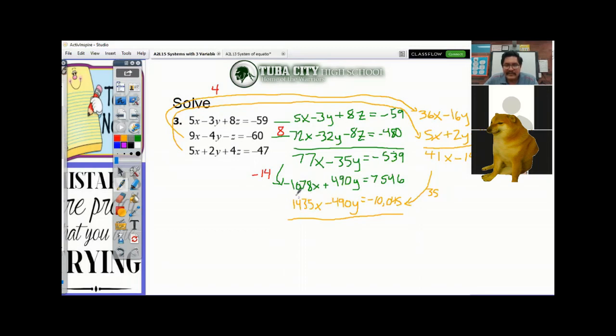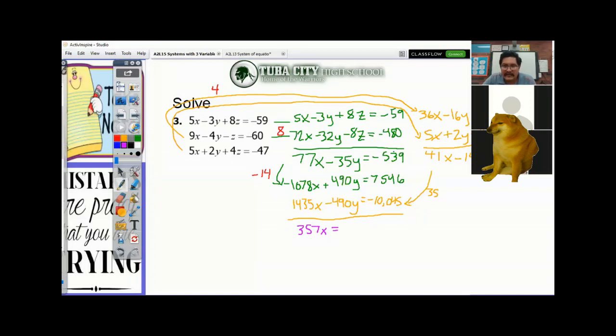Let's go ahead and get this one here. Okay, looks like we're going to need the calculator again. 1435 minus 1078. So 357x equals, and now I'm going to have to do the same thing to this one, 10,045.